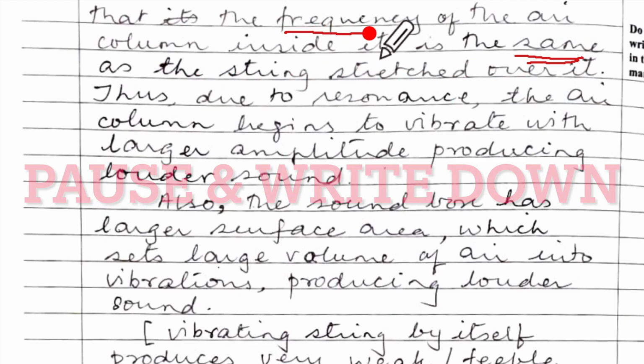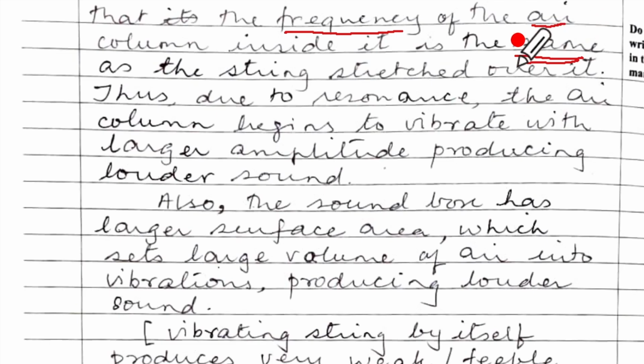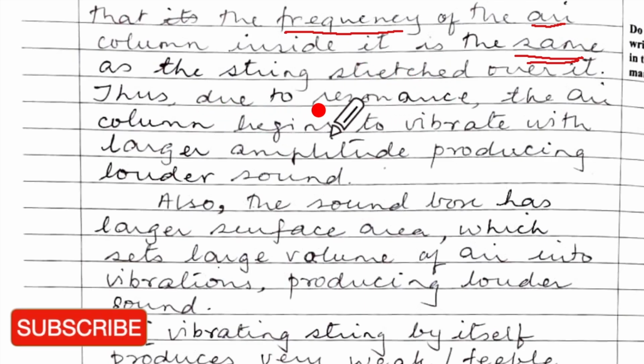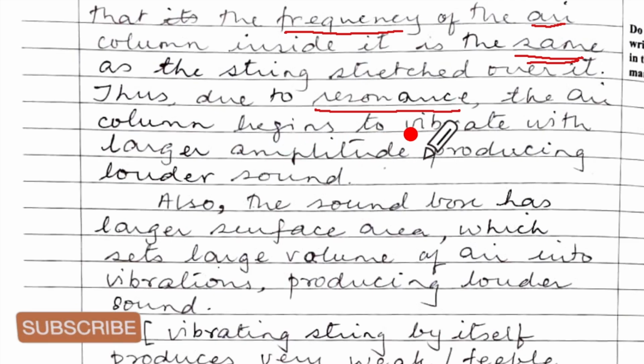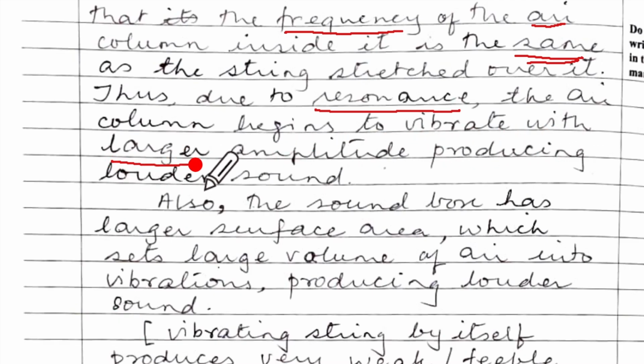So the air column will be experiencing the forced vibrations from the string which is set into vibration. Thus, due to resonance, the air column begins to vibrate with larger amplitude, producing louder sound.